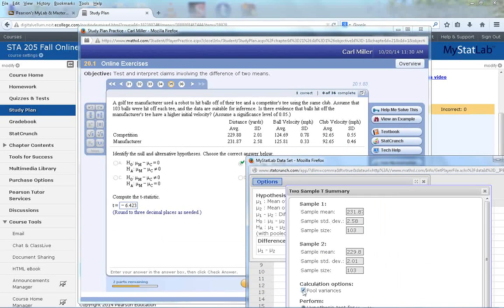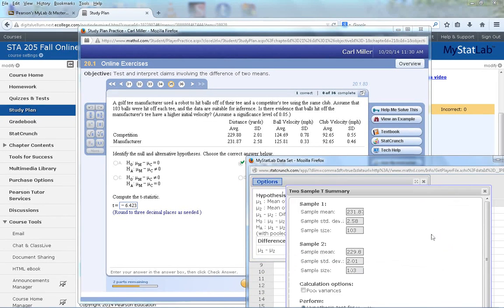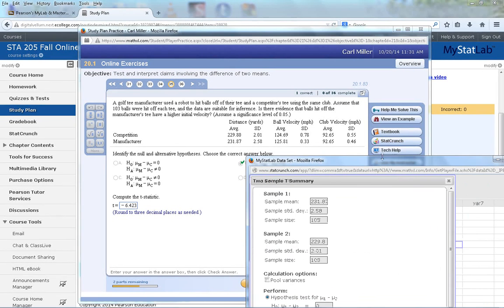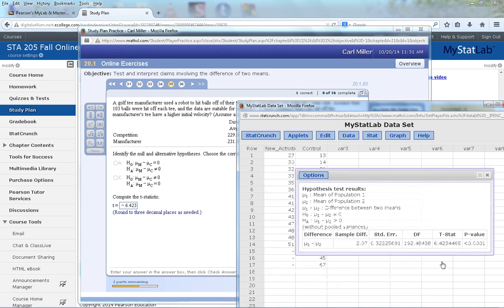Oh, make sure the pool variances button is not clicked. Although in this case, it's not going to change the outcome. So what is going on in this case?